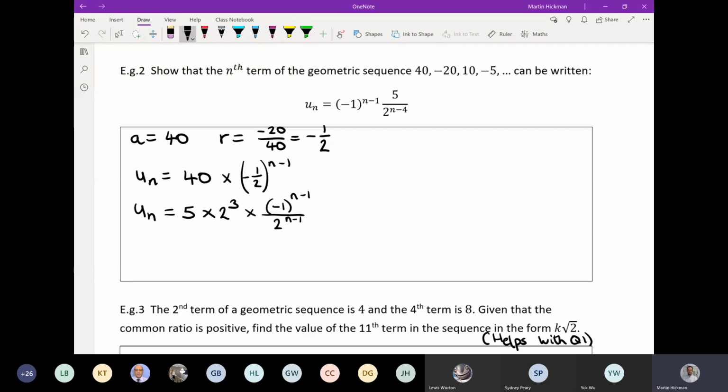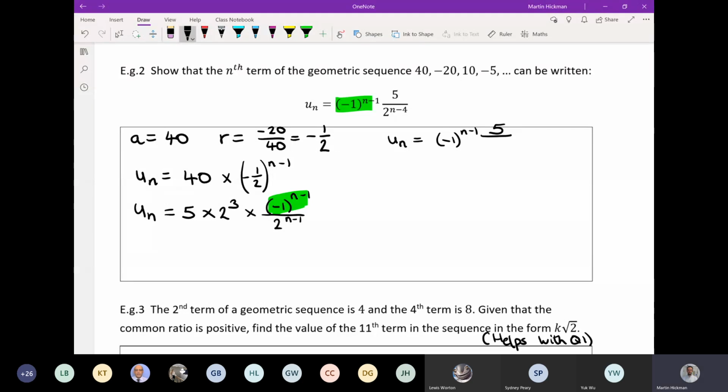So I'm going to come up here to the other side to finish this off. I'm going to put this -1 to the power of n minus 1 at the front. Okay, that's just this bit, so you can see there, I've already got that bit. And I'm just going to put this 5 on top of the fraction.